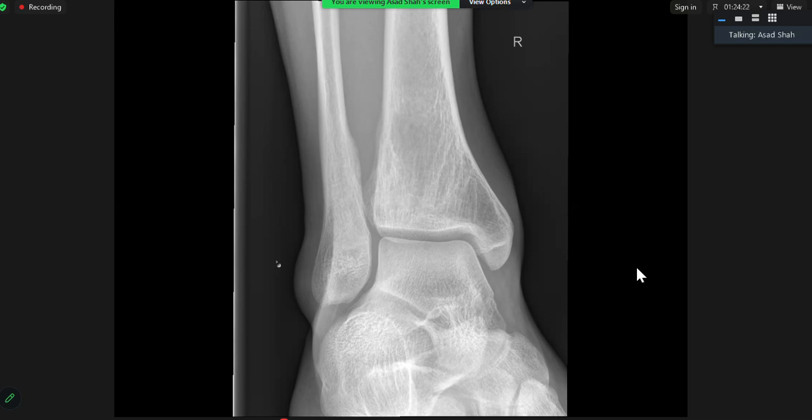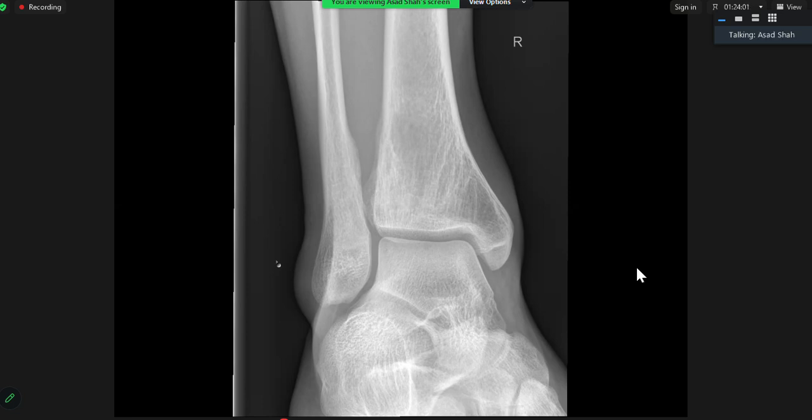So if you're reporting this, how would you report it? I will report suspicion of some soft tissue swelling along the lateral side. Well, that's probably every other ankle X-ray that comes from ED. They'll have a lateral ankle sprain, so they get soft tissue swelling on the lateral side.